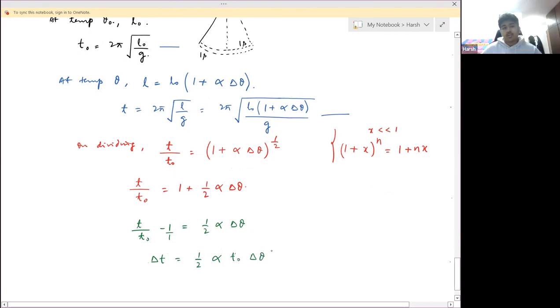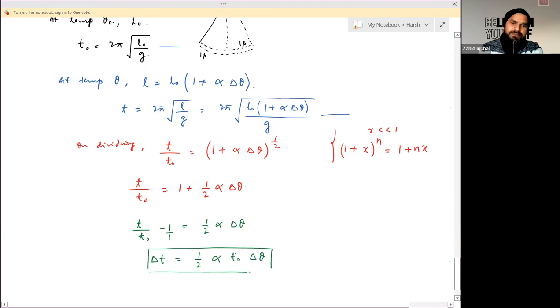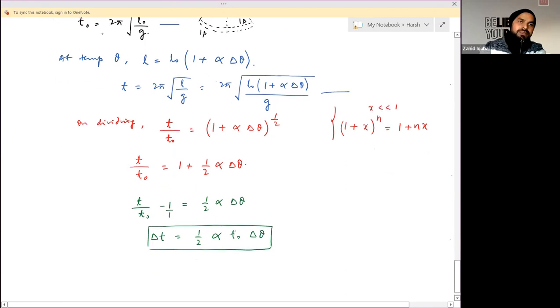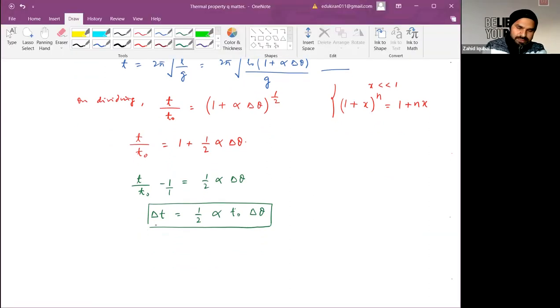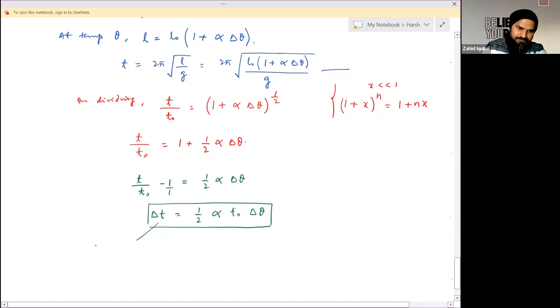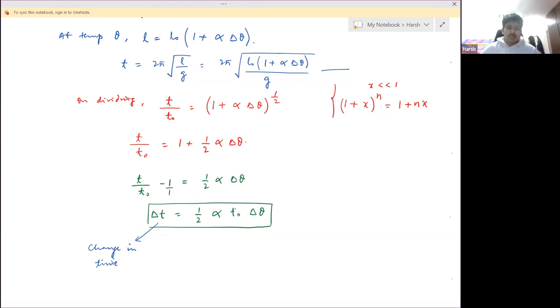This is the final expression for getting the change in time for this particular duration T naught. So this delta T will define the change in time. It will be a gain or loss depending upon whether temperature is increasing or decreasing.